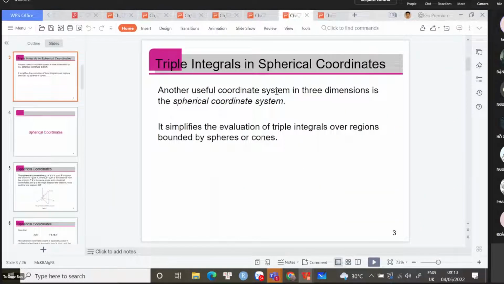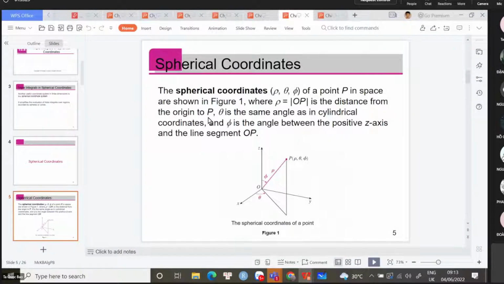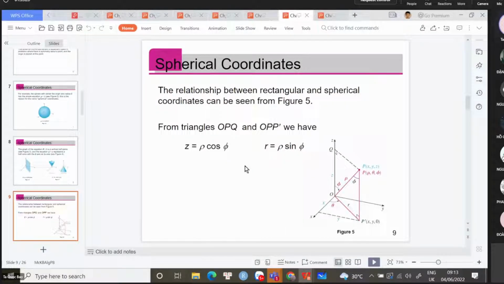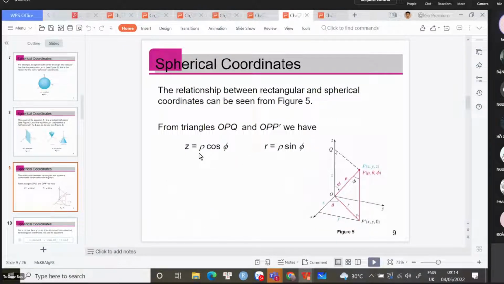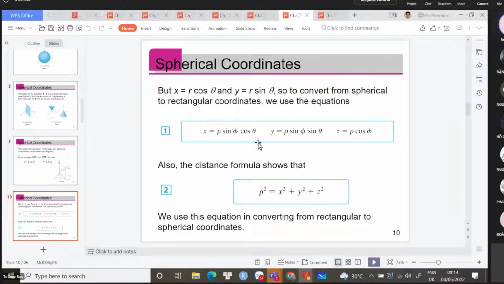In this case, we have z equal to rho cos phi, r equal to rho sin phi. Okay, so exactly, now you can write in more detail: x equal to rho sin phi cos theta, and y equal to rho sin phi sin theta, and z equal to rho cos phi, and then you get this sphere.